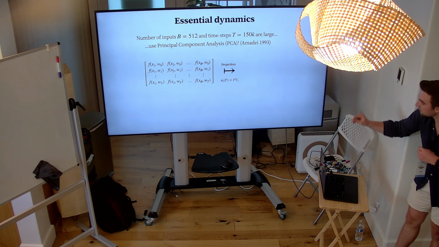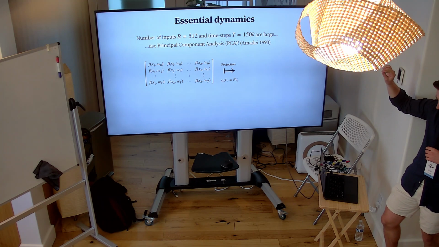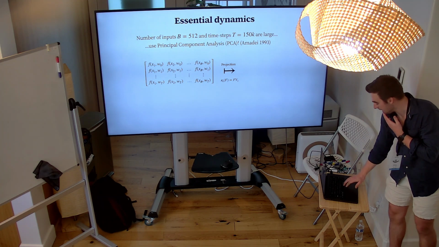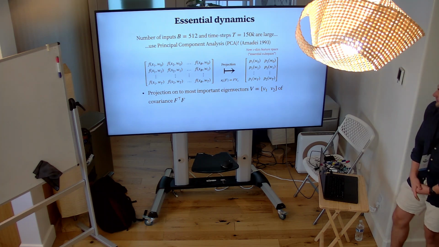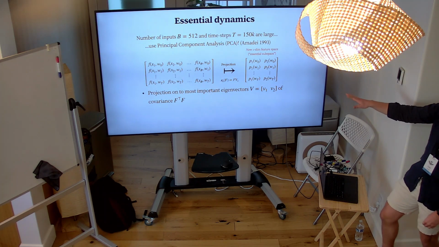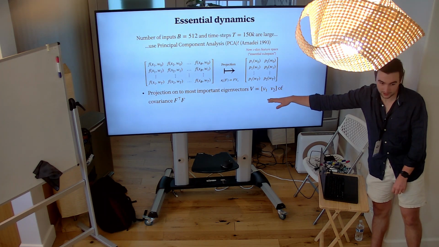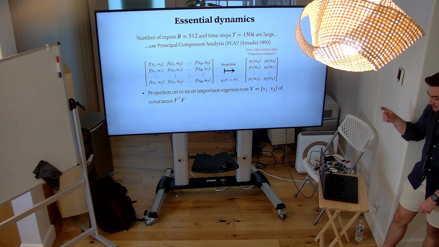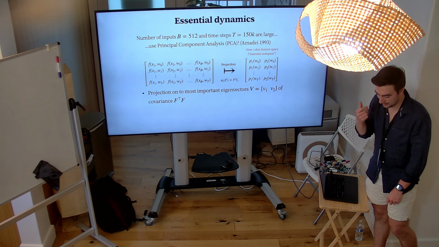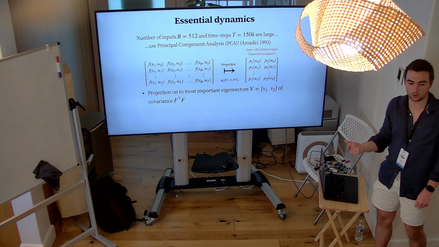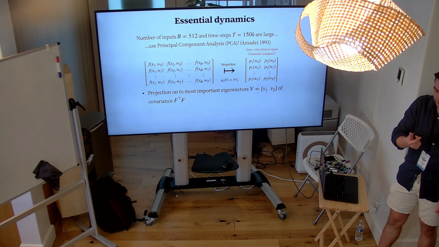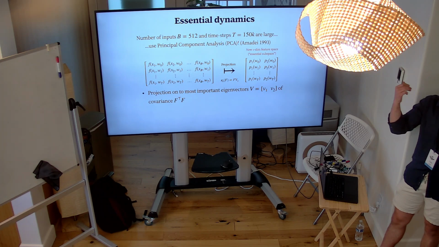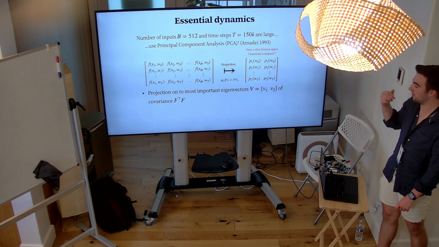So we obtain a singular value decomposition of the matrix, and that is done by getting the eigenvectors of the covariance of the trajectory. Principal component analysis says you can order those eigenvectors according to their eigenvalues, their singular values, and those singular values correspond to the explained variance of those eigenvectors.